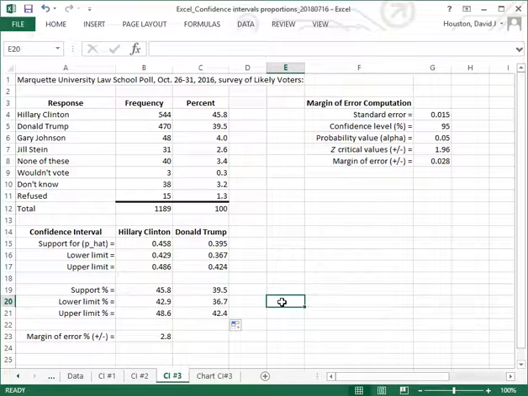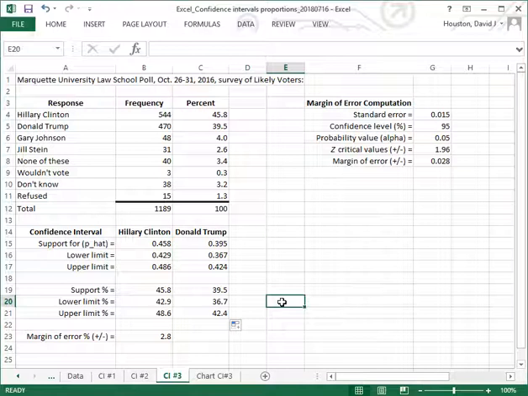And what this indicates here then, based upon our observed sample of 1,189 likely voters in Wisconsin this week or so before the election, is that 39.5% indicate they would vote for Trump if the election were held today.